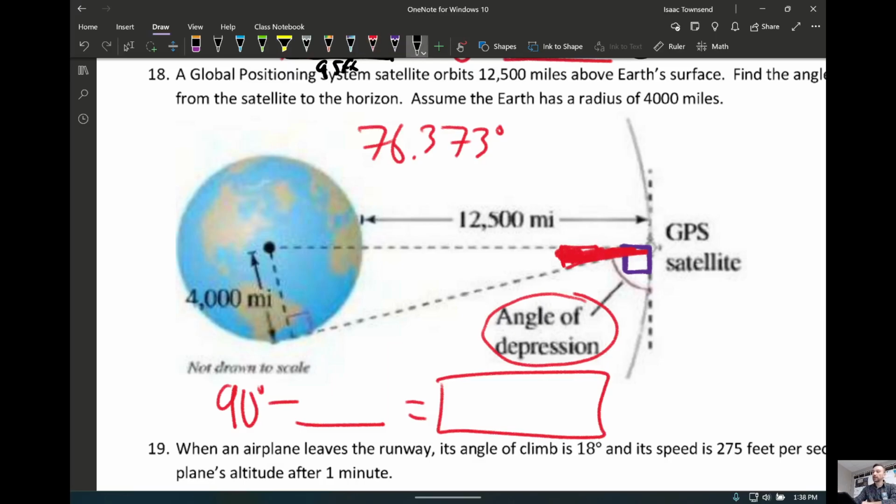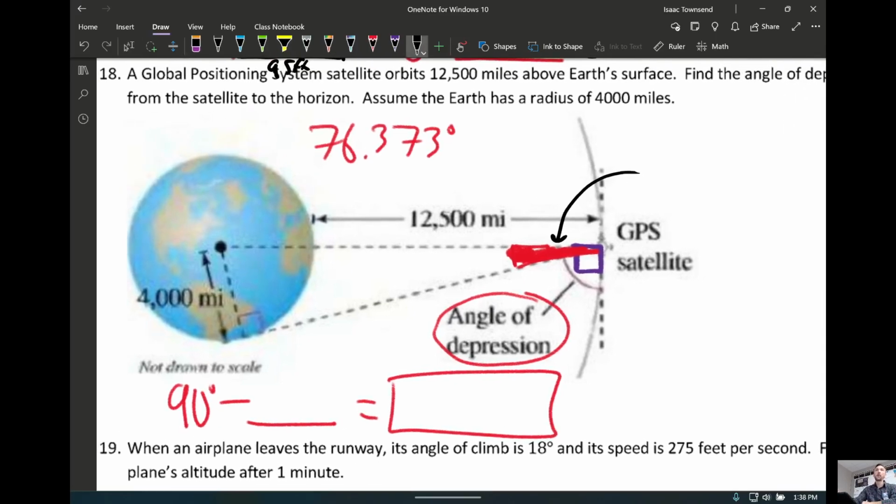How did you guys go about finding out how big this angle is? 90 minus arc sine.